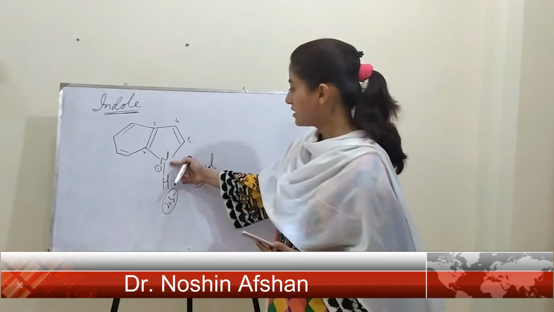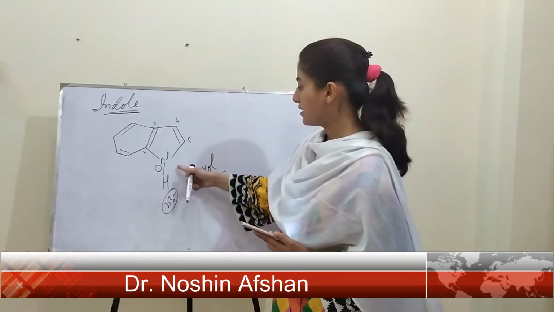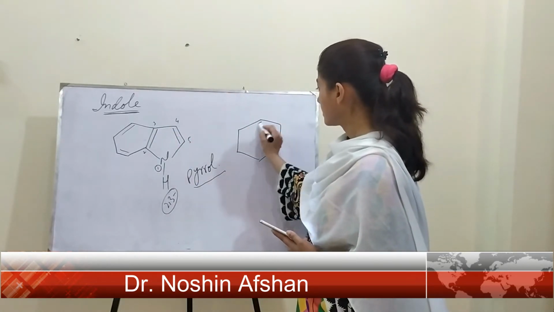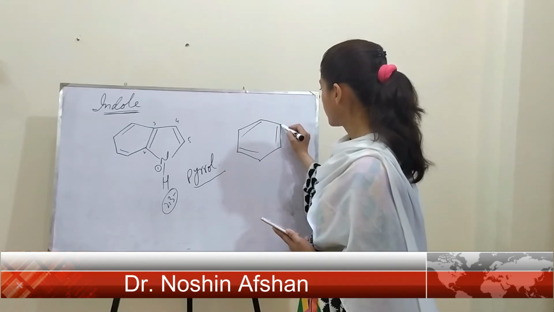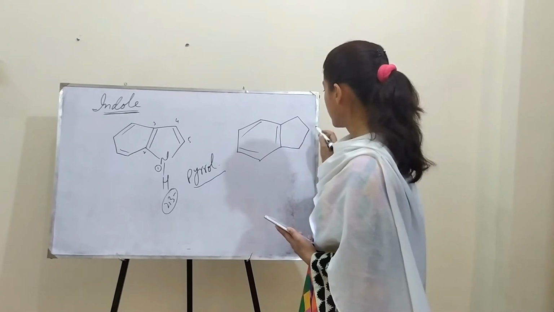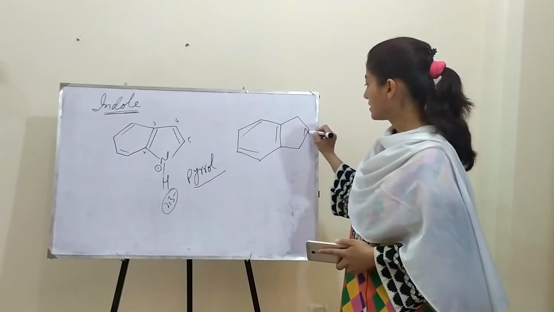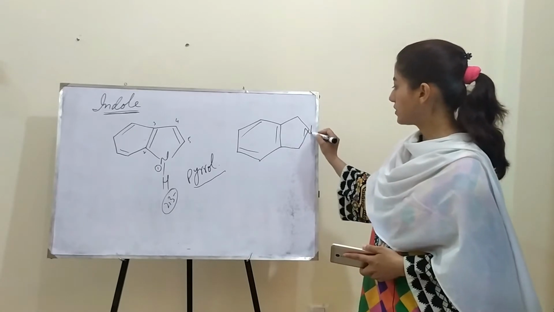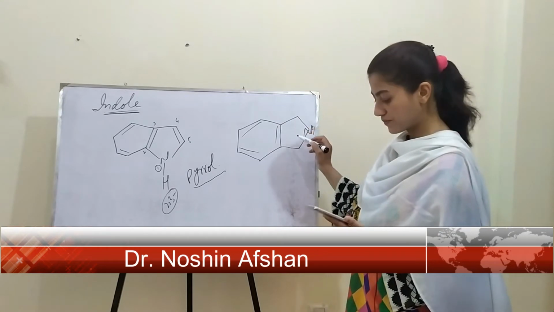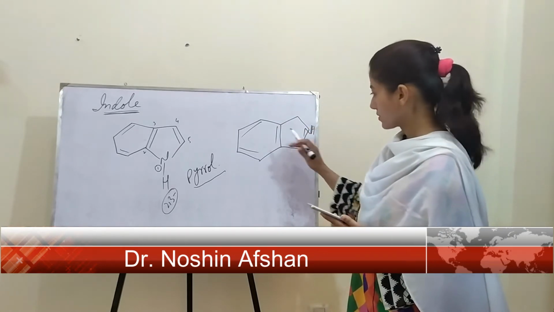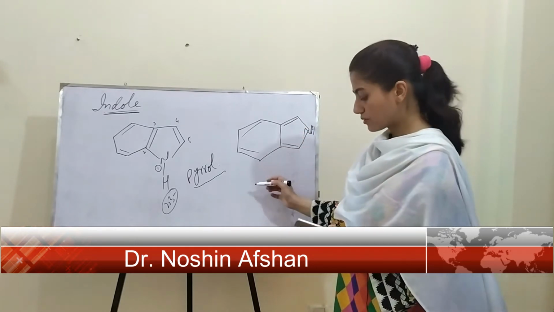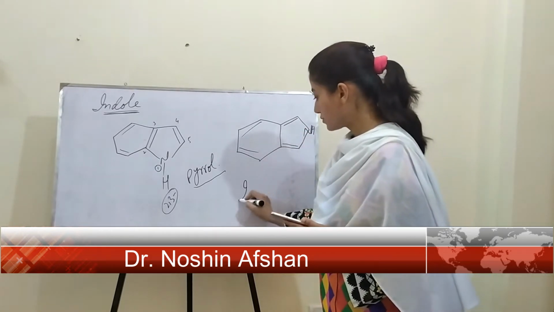If the nitrogen is at 1 position, then it is called as indole, and if here it is like this, or if the nitrogen is at position number 2, here it would be like this, then it would be called as isoindole.